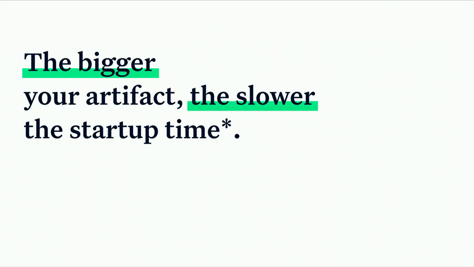Because the bigger your artifact, the slower the startup time. Yeah, there are ways to reduce that by, for example, keeping your functions warm. But as soon as you hit a spike in your traffic, you still run into this cold start. So warming up functions will never eliminate the chance that you run into a cold start.